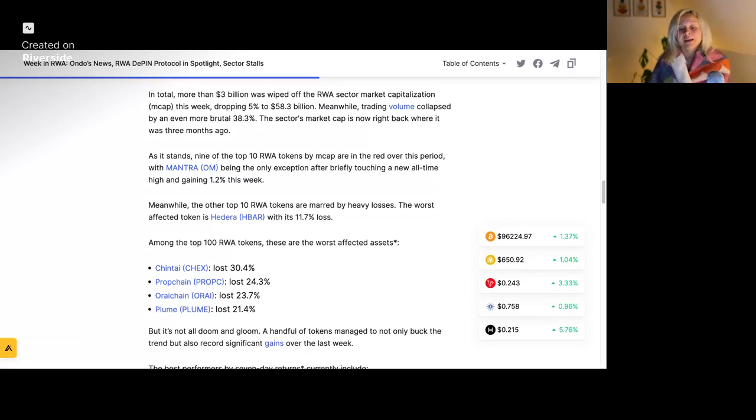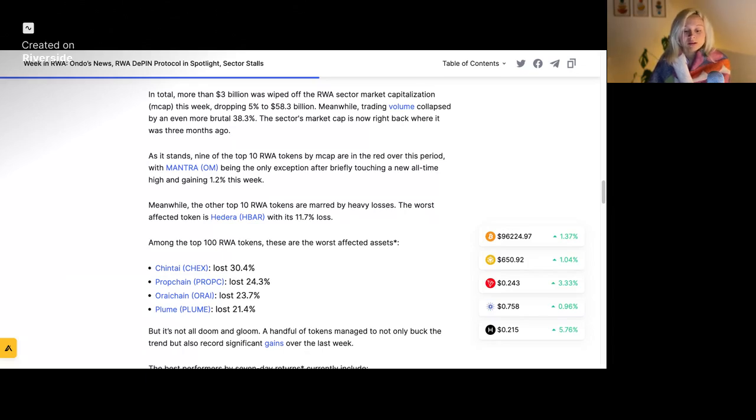The sector market cap is now right back where it was 3 months ago. And as it stands, 9 of the top 10 RWA tokens by MCAP are in the red over this period, with Mantra OM being the only exception after briefly touching a new all-time high and gaining 1.2% this week.